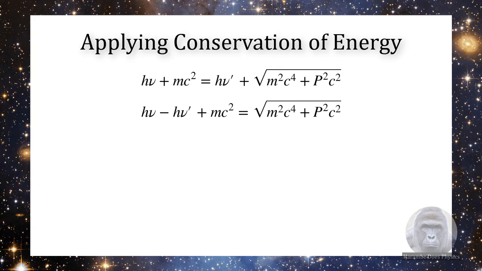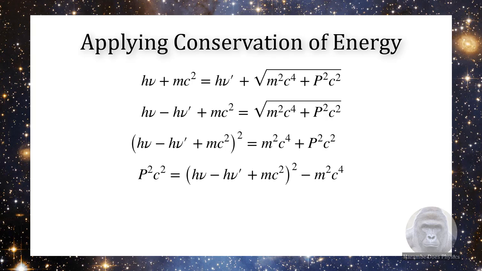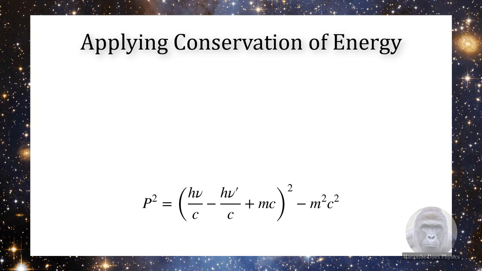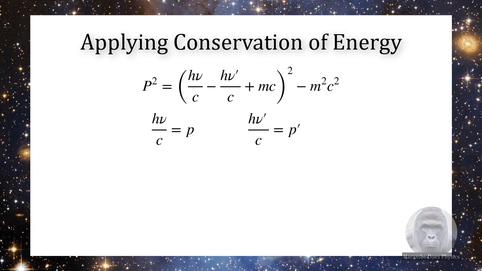First we isolate the radical and then square both sides. Rearranging again to isolate capital P squared c squared and then dividing through by c squared yields an equation for capital P squared. Now we make note that h nu over c is the momentum of the incident photon, and similarly for the scattered photon.